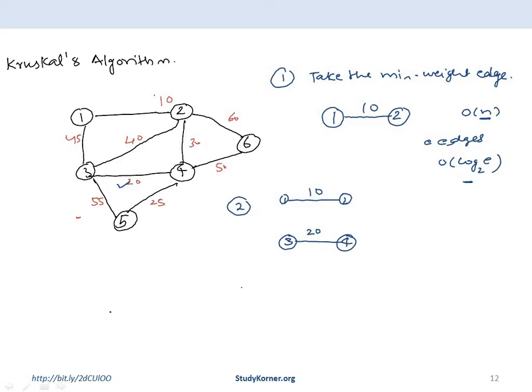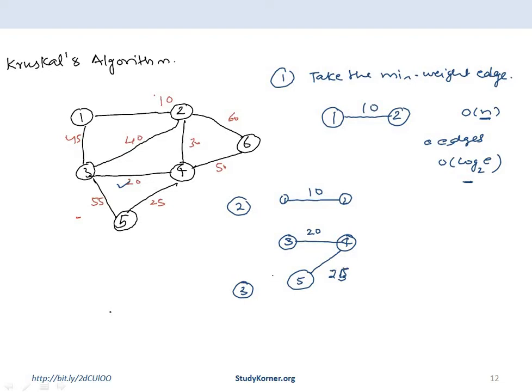Then in the third step, I pick the third minimum edge. The third minimum edge in the whole graph is 25. So I redraw it in this graph itself.